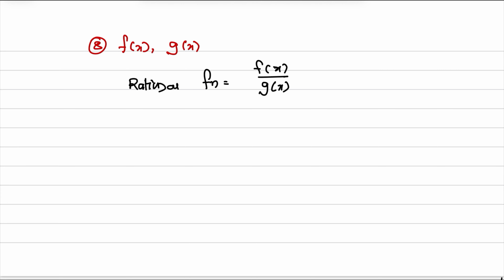Where the g(x), the denominator in rational functions, should not be 0. g(x) should not be equal to 0, so that the value of that function can be defined.